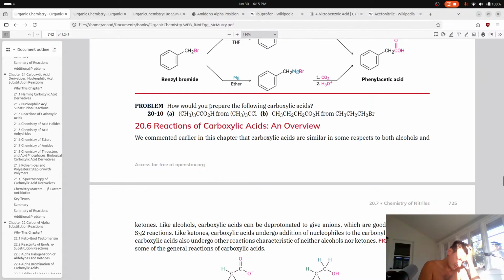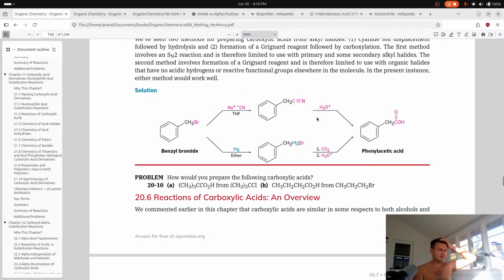All right, so I think what I'm gonna do is react this with NaCN, then I'm gonna get this CN group, and then I react this CN with, well, actually, they didn't really go over the mechanism, but you just add acid apparently.